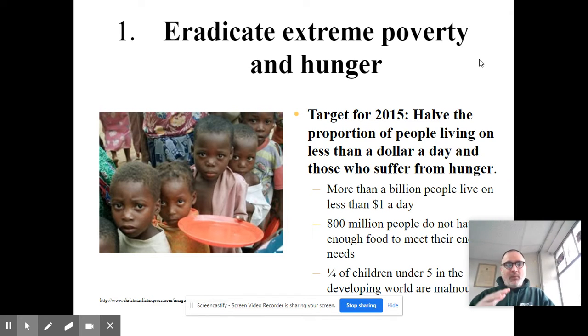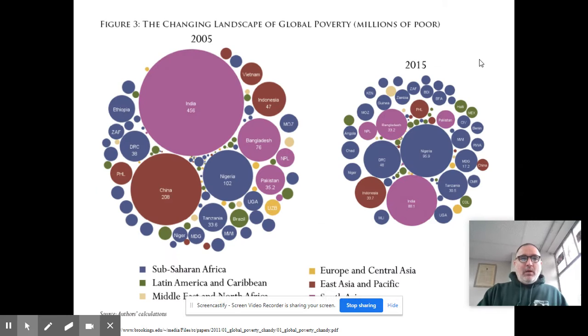In fact, that website that I just referenced, they won't even allow you to put in $365 a year. So this is a comparison of 2005 is actually the numbers. 2015 is more of a projection of where they're going.